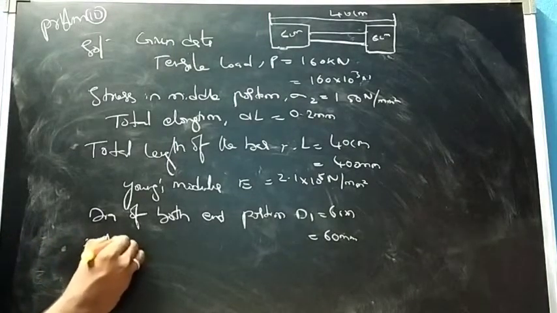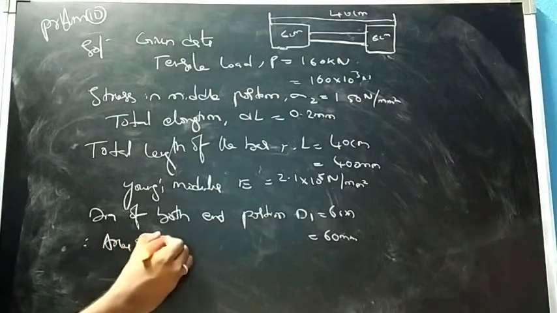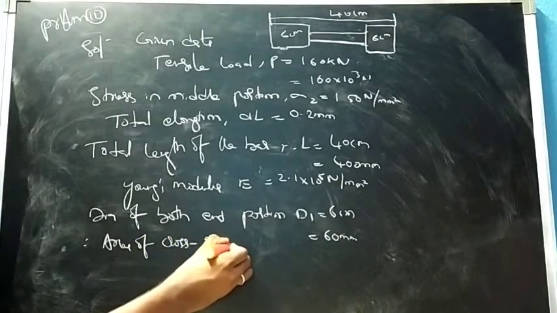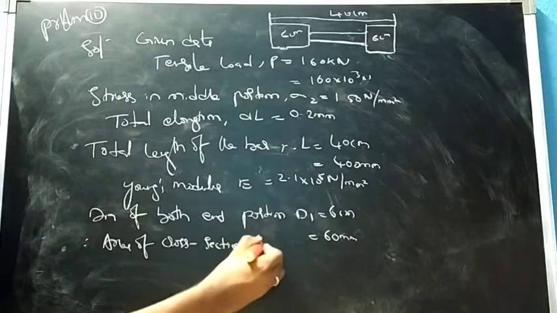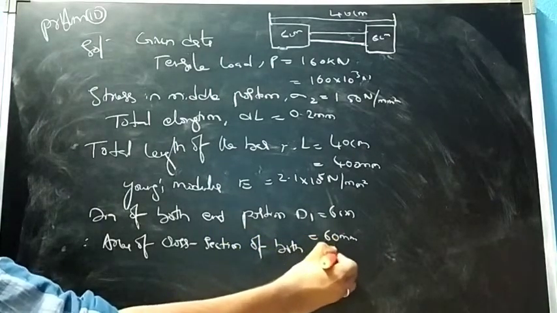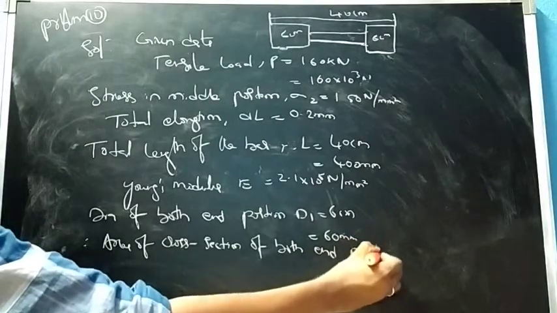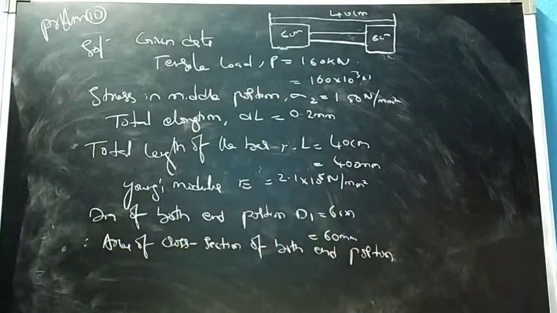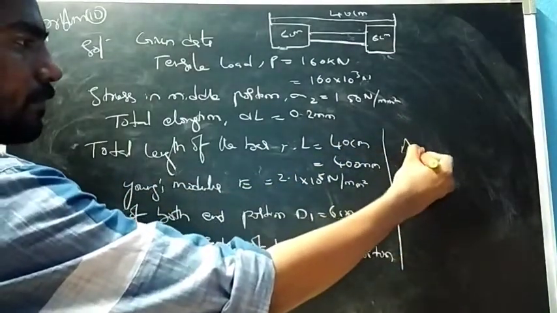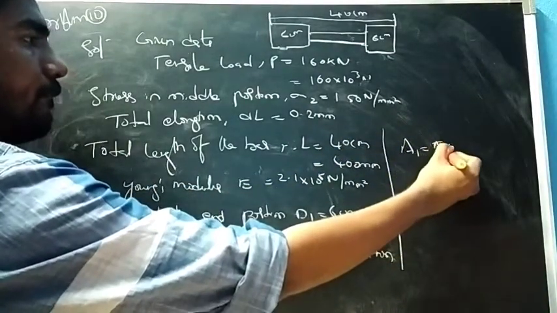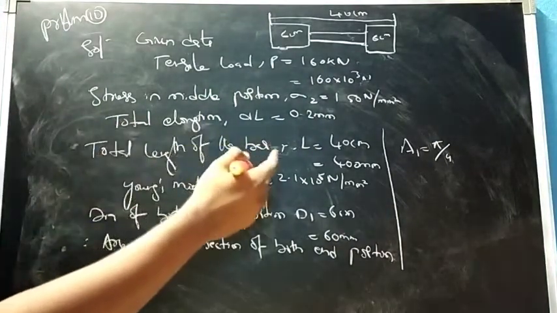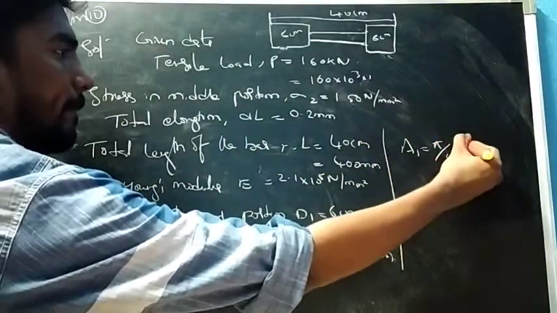Hence the area of the cross section of both end portions, let's say A1, is pi by 4 D square.